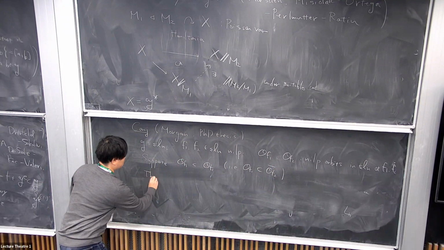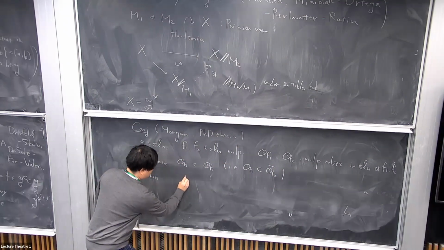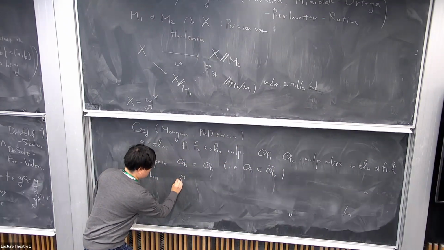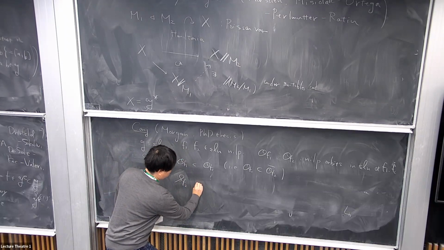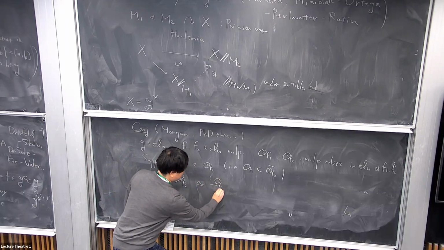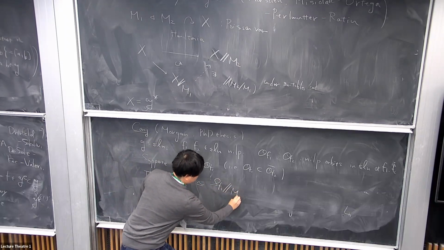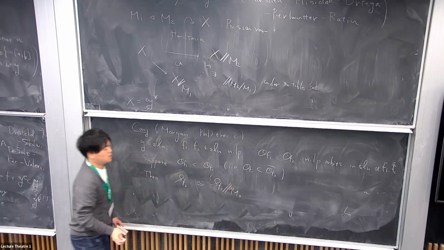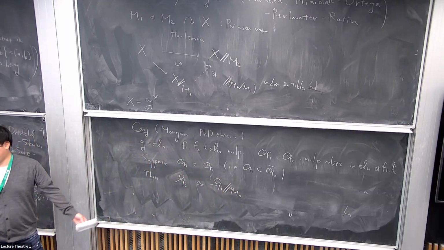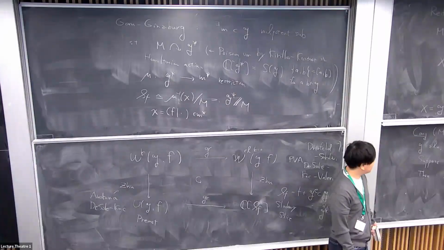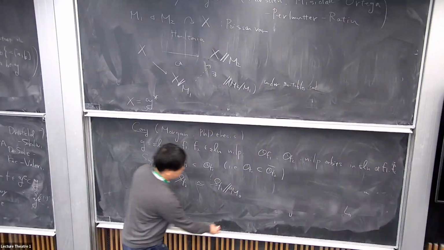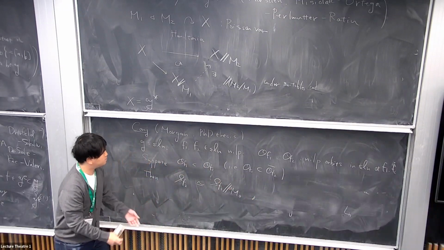Then the Slodowy slice of F2 is isomorphic to some Hamiltonian reduction of the Slodowy slice of F1. This is his statement, his conjecture.